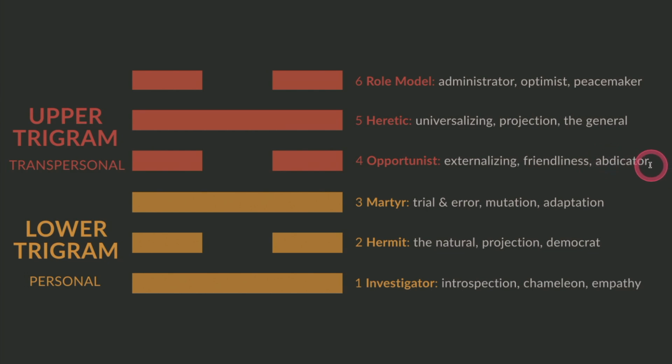Here's another word that Ra used that most people are like, what the heck is an abdicator? But you may have heard the term to abdicate the throne. This is someone who's willing to give up their power for the good of the group, to recognize the opportunity available in acting in cooperation, right?